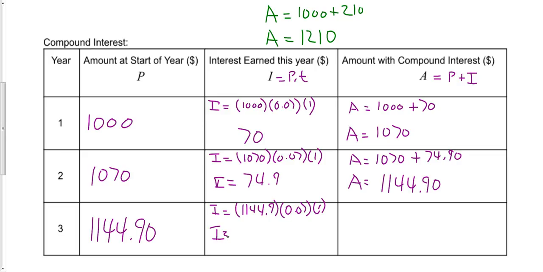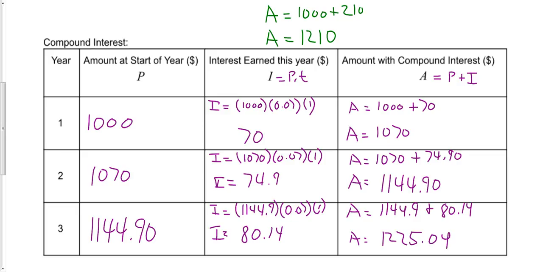The amount of interest that I then earn in year 3 is $80.14. So my final amount is going to equal 1144.9 plus 80.14. So my final value at the end of 3 years by compounding the interest is going to be $1225.04.